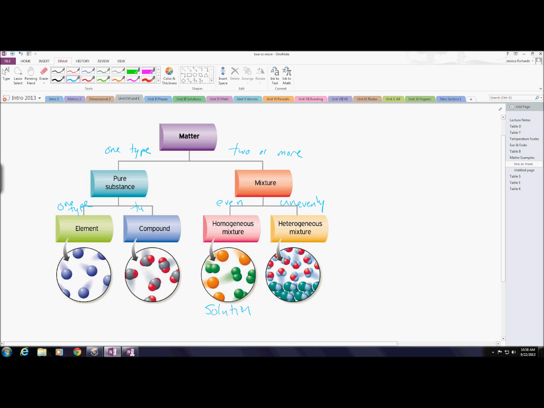Two or more types of atoms, and they are stuck together. That's my high-tech way of saying chemically combined. Notice that they're not separate. Over here, there's two types, but they're in separate pieces. Over here, they are stuck together, so this becomes just one unit, even though it's made of two different things. That's how you're going to identify a compound by looking at pictures.